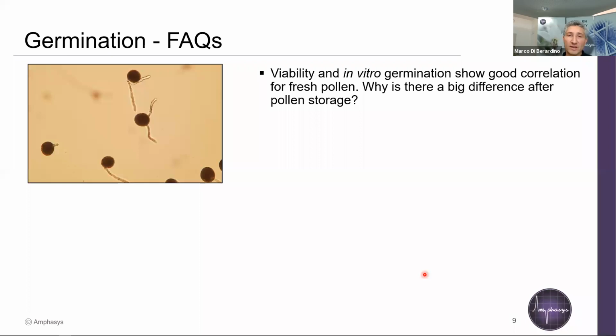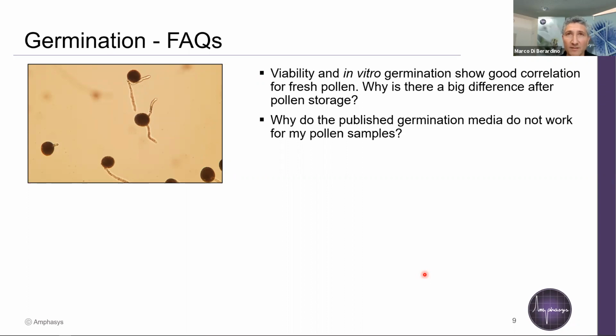One question is, for example, that viability and in vitro germination show at least a good correlation for fresh pollen, but there is a big gap if you are looking at stored pollen. So what happens here? Or another question is, why do the published germination media not work for my pollen samples?